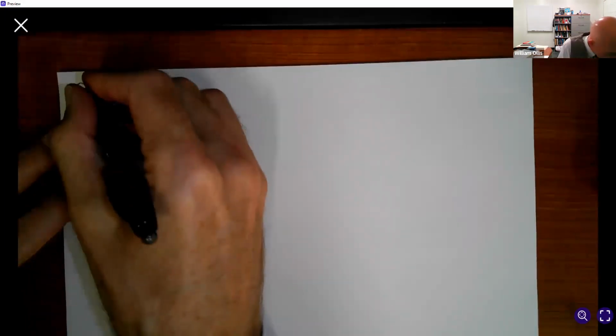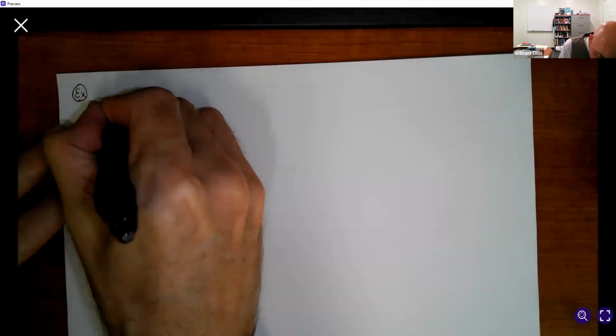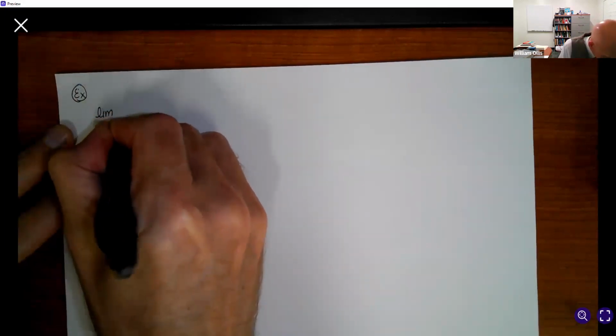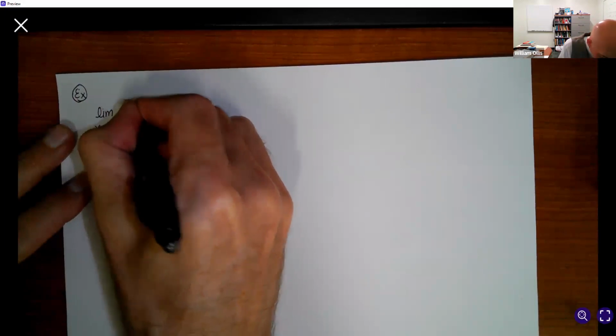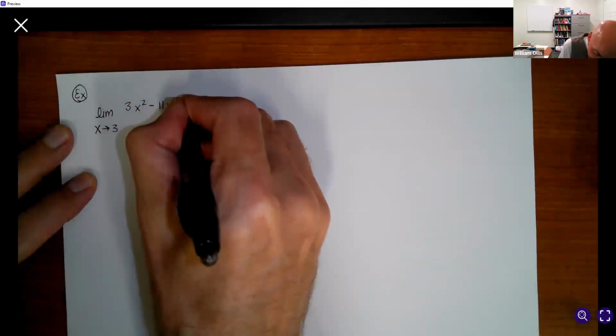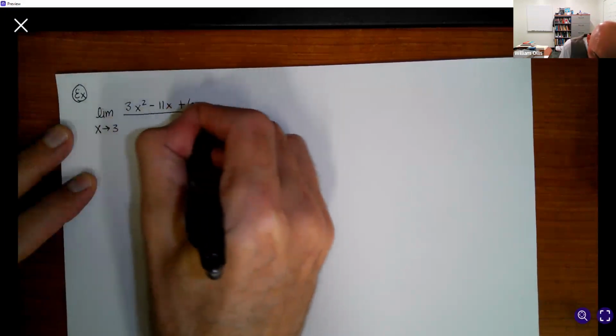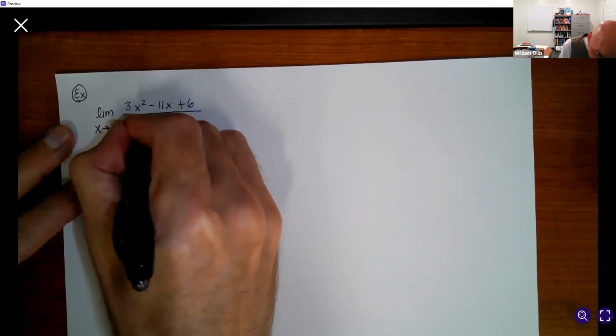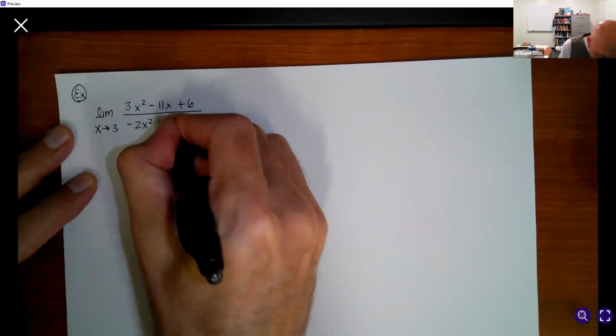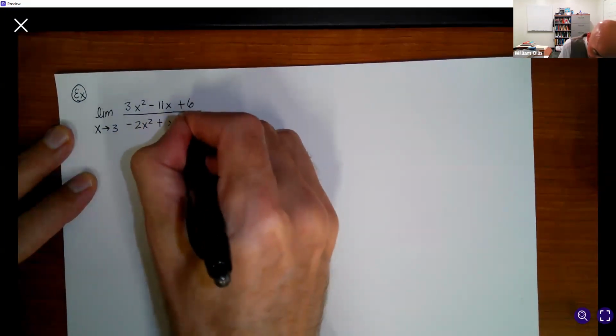So here's another example. We have the limit as x approaches 3 of 3x squared minus 11x plus 6 over negative 2x squared plus x plus 15.